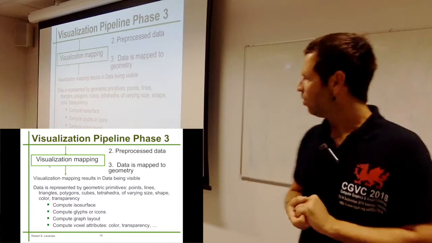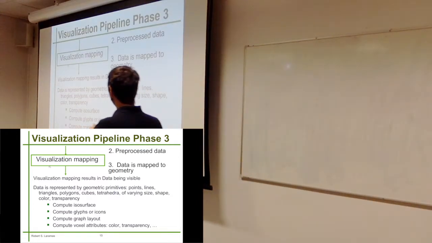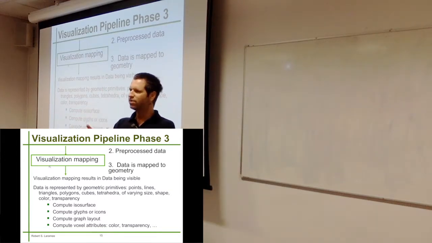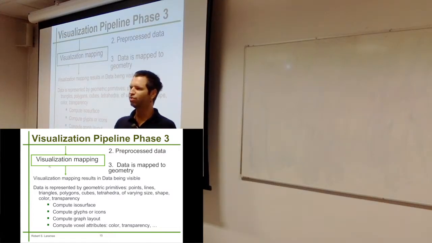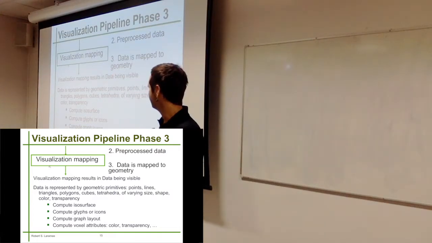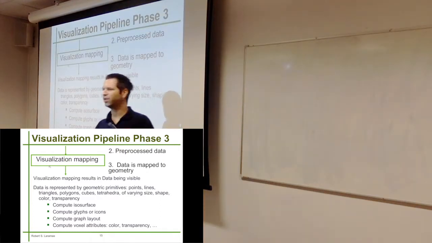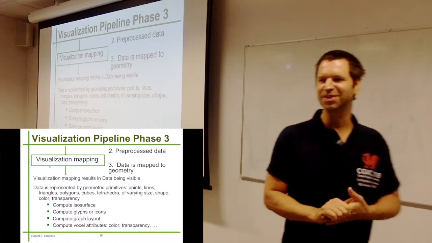We learn how to do things like compute isosurfaces, design glyphs or icons, layout graphs. For example, some of the tools are graph tools. You can use some graph tools in assignment 1. You might compute voxel attributes like color or transparency. Probably you're not going to do that in assignment 1, but you will in assignment 2.